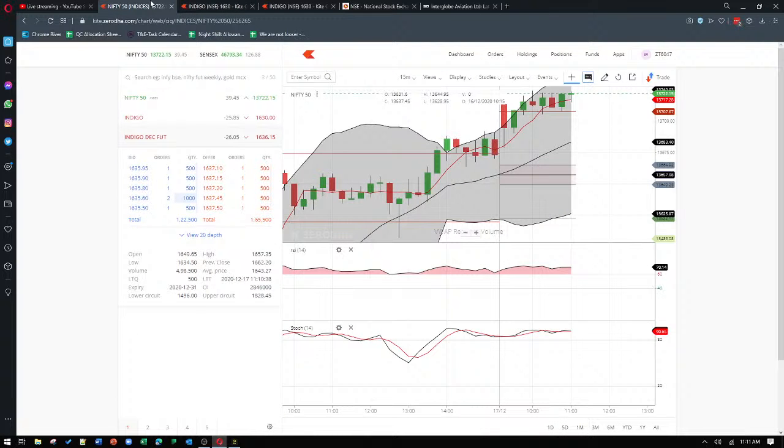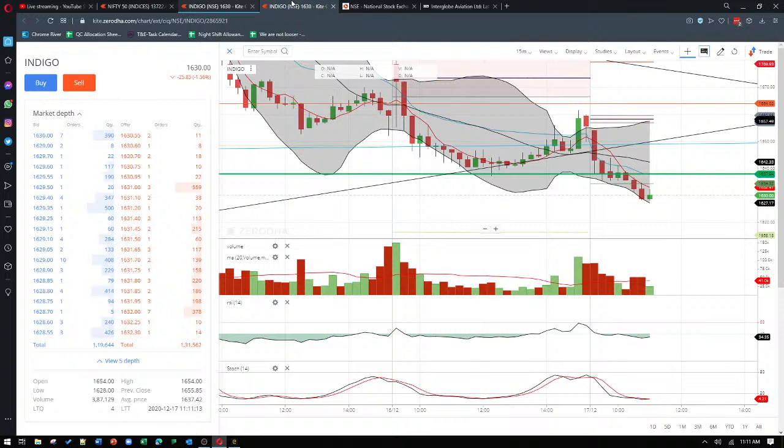With that, what's happening is Nifty is planning to break the high. 1631 to 1630.